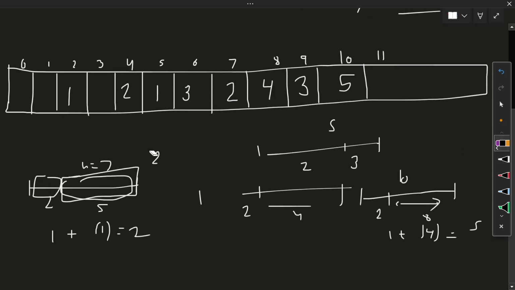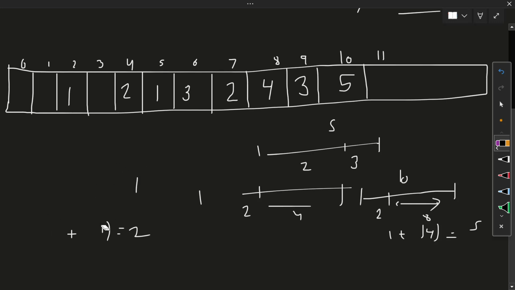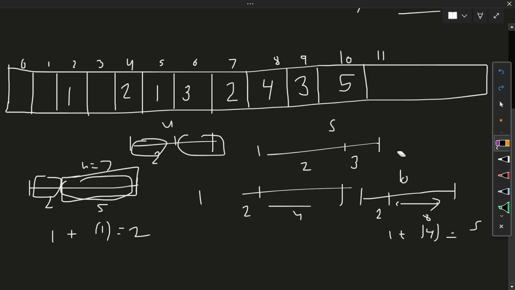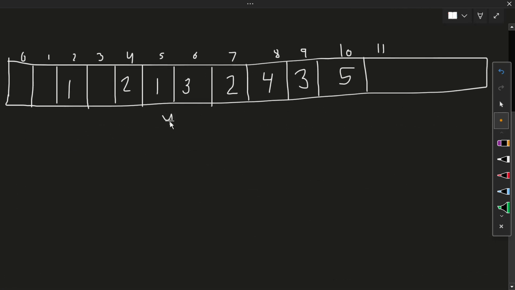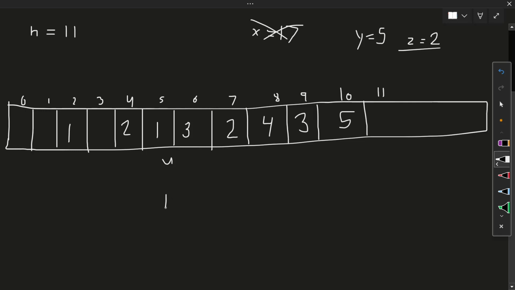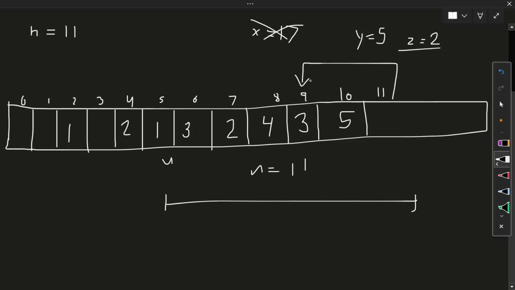So for 11, let's find out the DP relation first. So it is 11. If we make a cut here, so the left out string should be possible, or in this case it is 2.